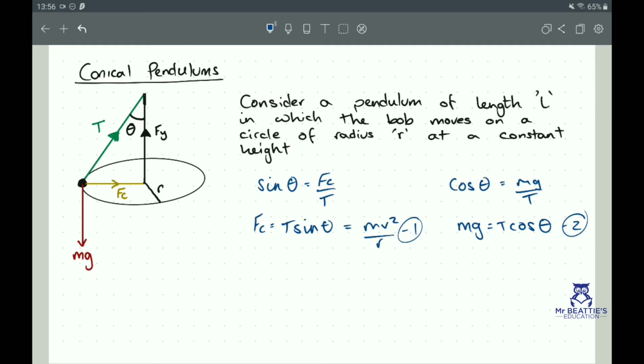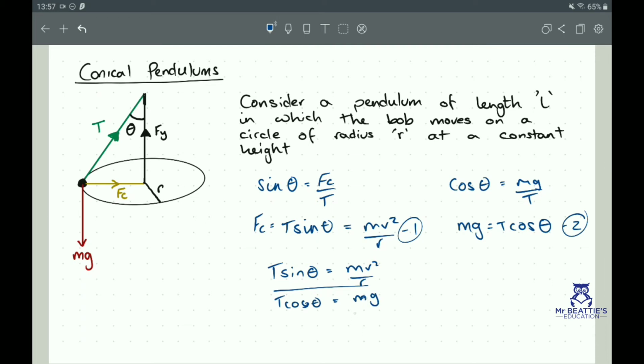Now, if we divide these two equations by each other, okay, then we would get t sine theta equals mv squared over r, divided by t cos theta equals mg.